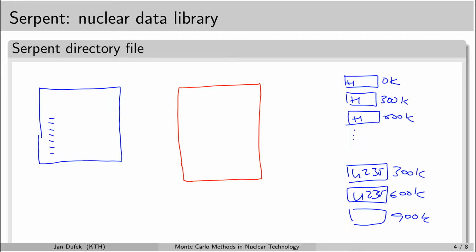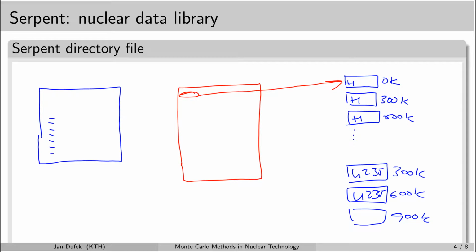So in this directory file we have entries for different cross-section files. Each entry is associated with a specific nuclide. So we have a name of a nuclide, and then this file includes a link, a pointer, to the file where we can find it. Different nuclides at different temperatures are given different names, right?